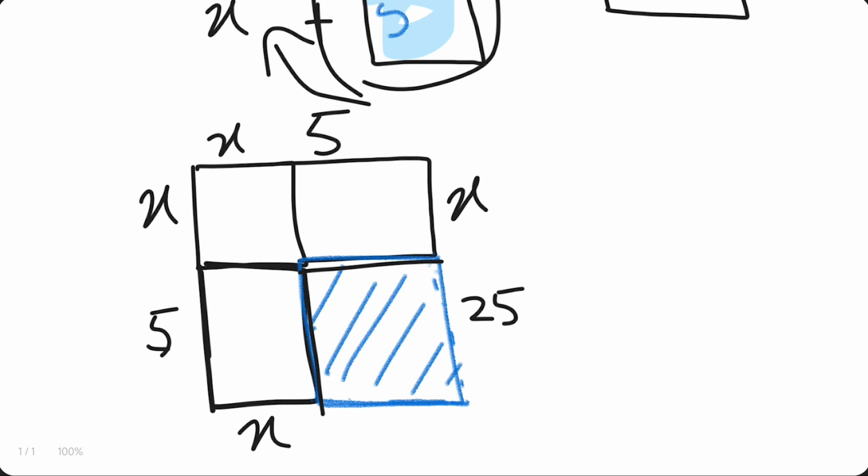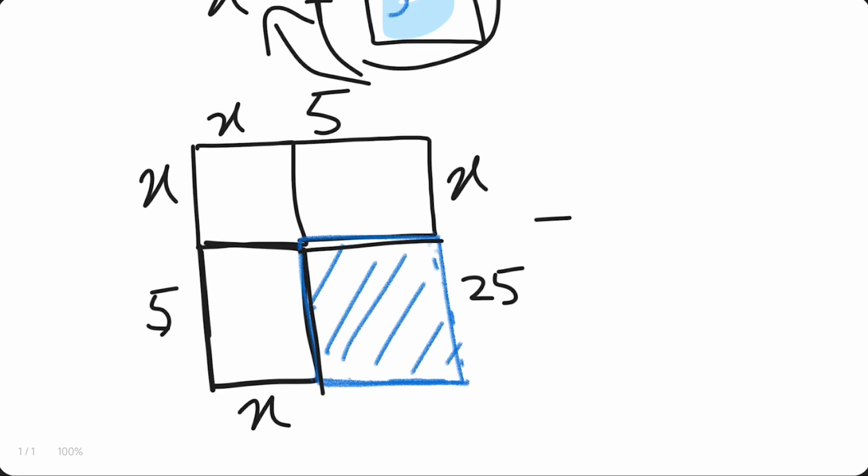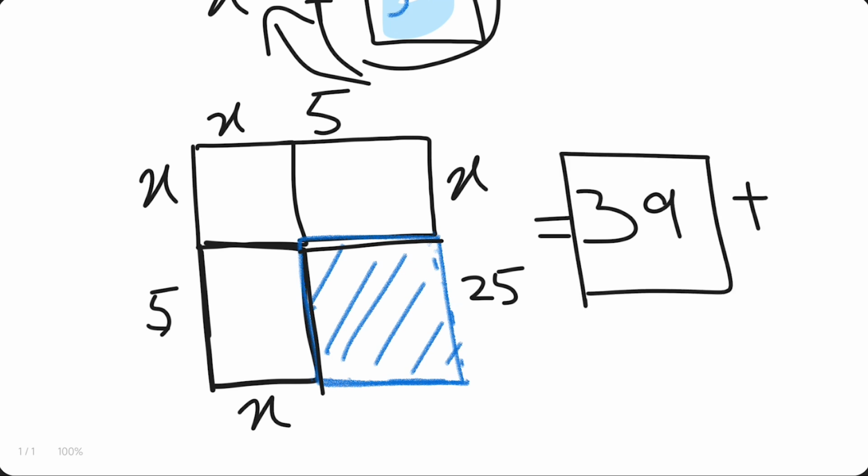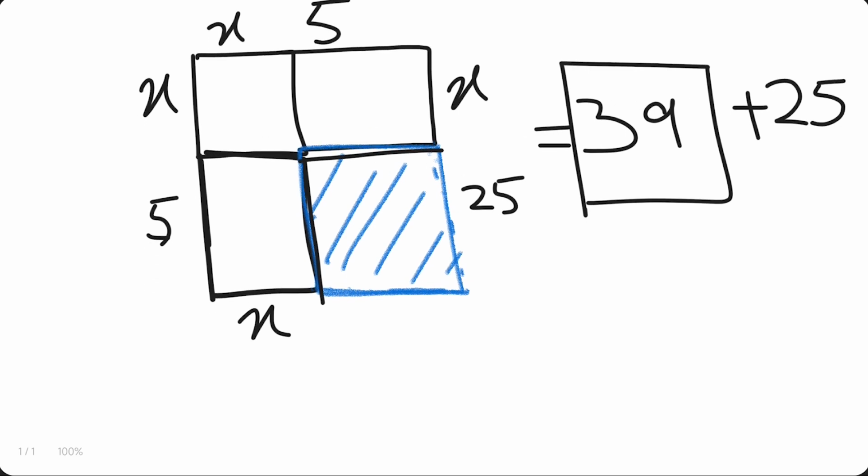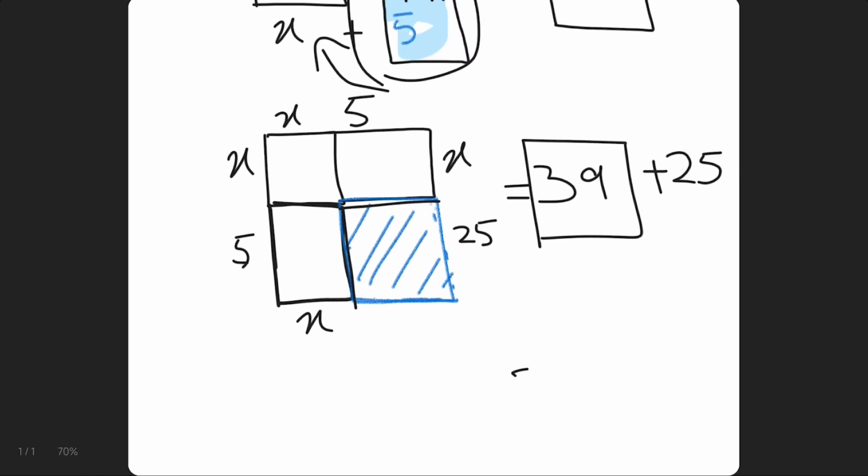And this is going to equal our original number, which is 39, our original square, plus another square, which is this one of 25. Now let's sum it up on this side. What does 39 plus 25 make? 64, right? Now, if we look at this, is it a rectangle or a square?